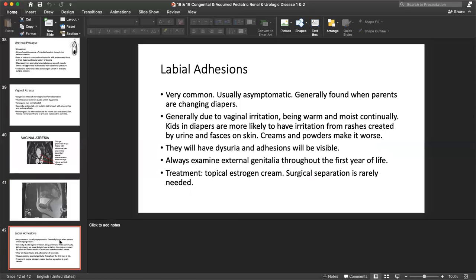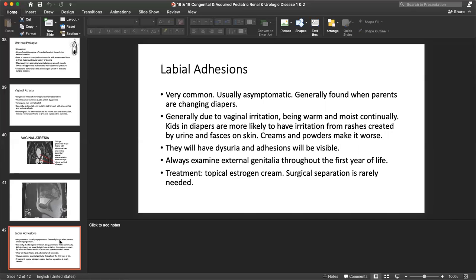Labial adhesions are really common. They're not really symptomatic though. It's usually found when parents are changing diapers. Kids just get irritated, being warm and moist continuously, especially due to being in diapers, irritation, rashes, all that. So sometimes they'll have dysuria and adhesions will be visible.